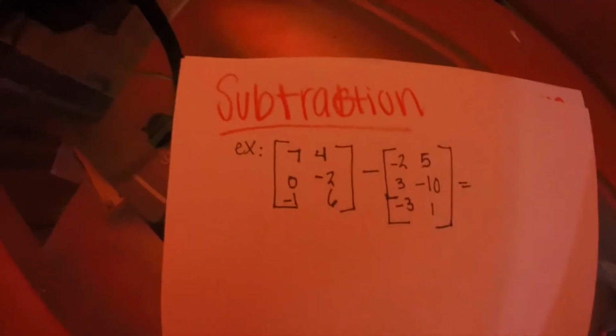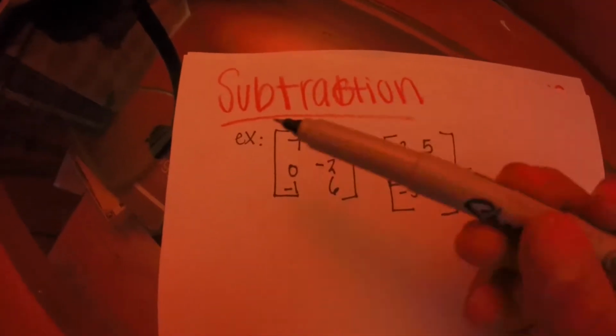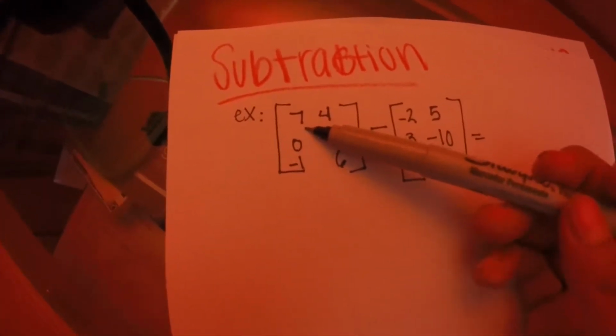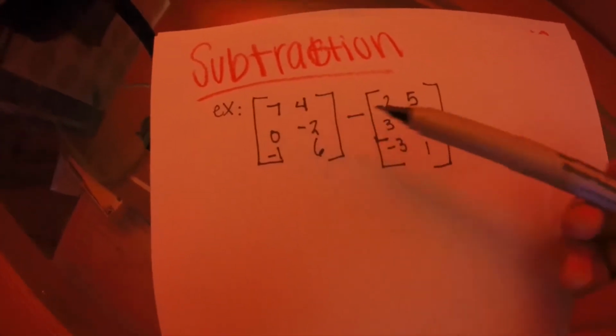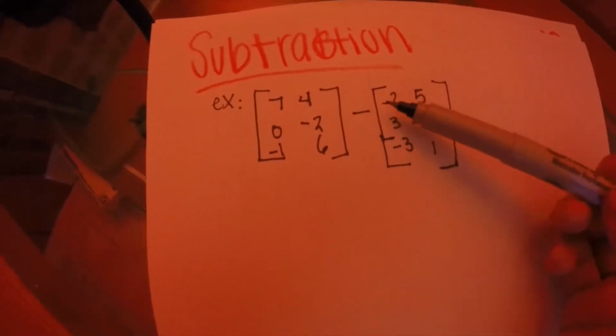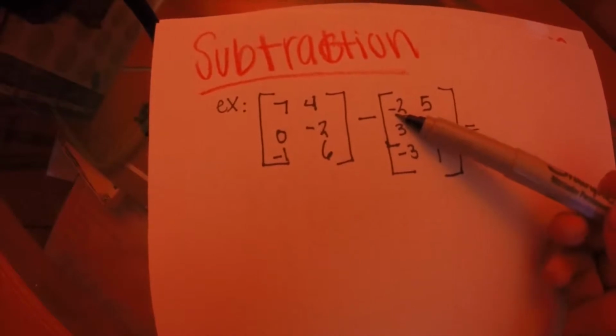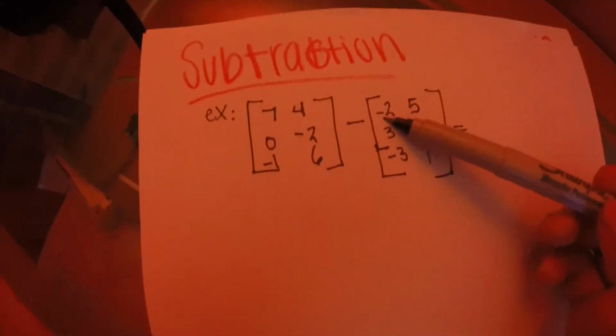The same as with our addition problem, it is all dealing with placement. Our first place in our first matrix will be subtracted by the -2 on the first place of the second matrix.